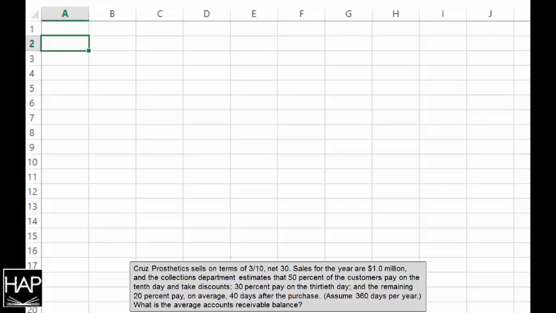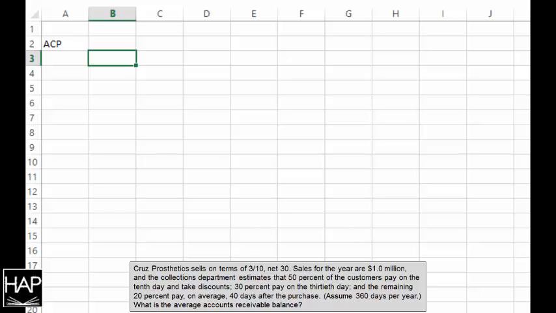To solve this problem using Excel, I'm going to use the same steps that I did when I solved it manually. That is, I'm going to calculate the average daily sales and the average collection period, and then be able to multiply the average collection period with the average daily sales to get the receivables balance. In order to calculate the average collection period, I am going to take the weighted average of the figures that Cruise Prosthetics Collections Department has provided.